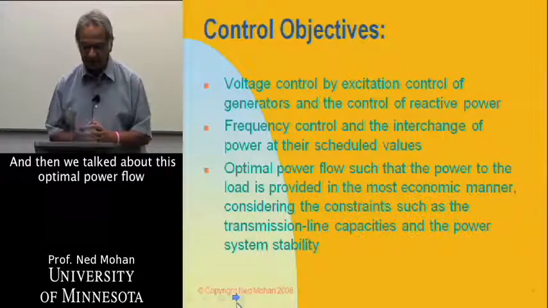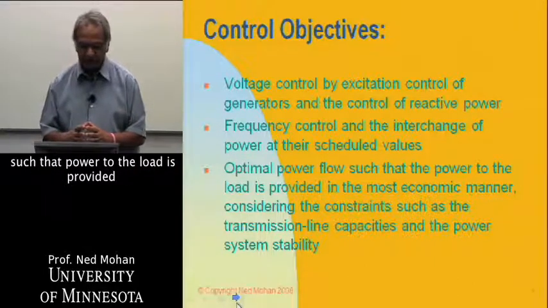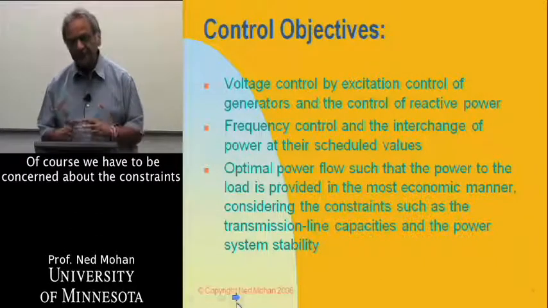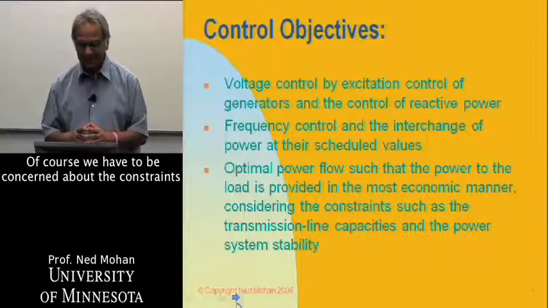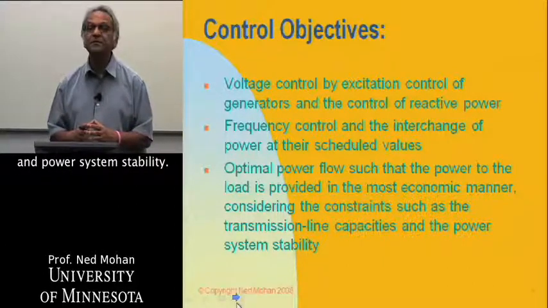And then we talked about optimal power flow, such that power to the load is provided in the most economic manner. Of course, we have to be concerned about the constraints of the transmission line capacities and power system stability.